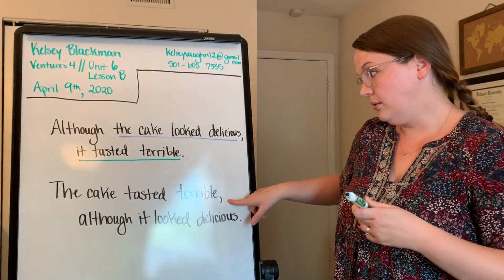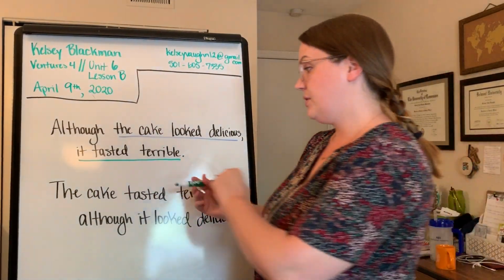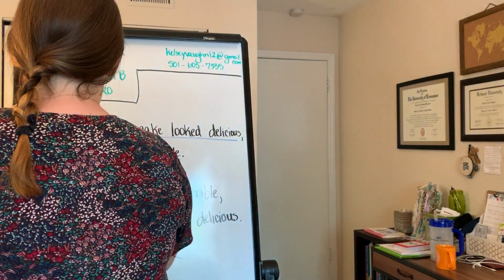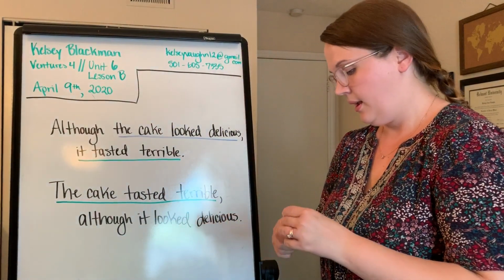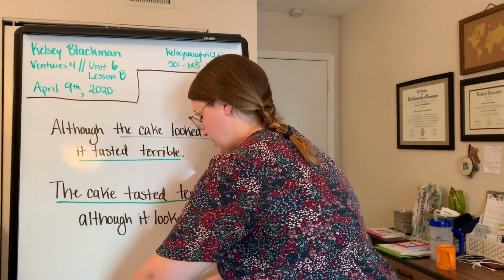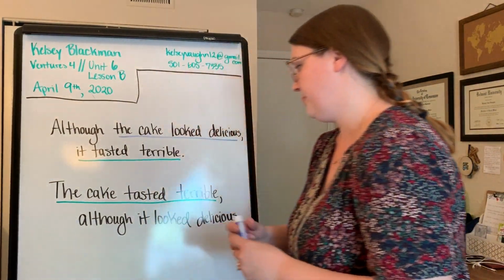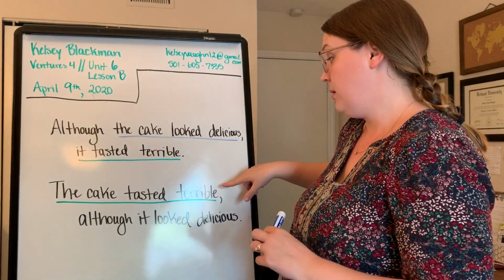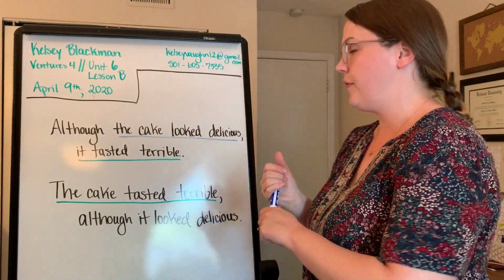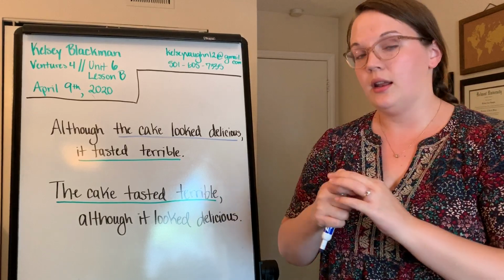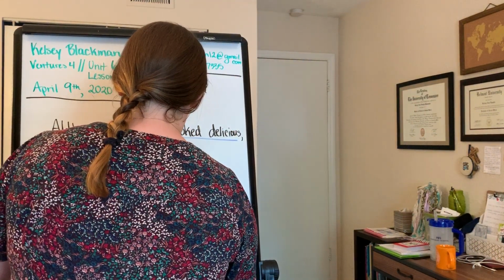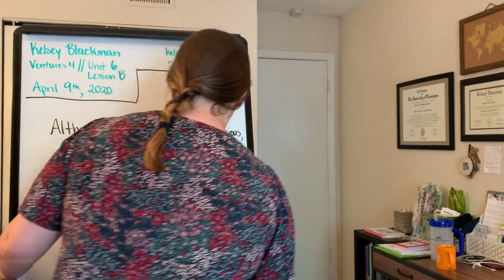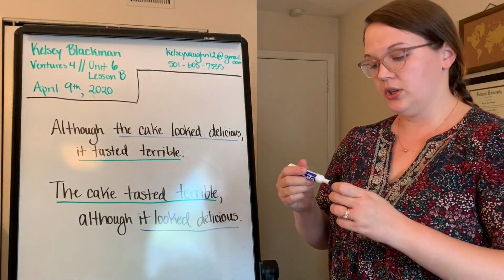So in this one, the first clause is the cake tasted terrible, and that's the surprising piece of information. And then the not surprising piece of information, it looked delicious.